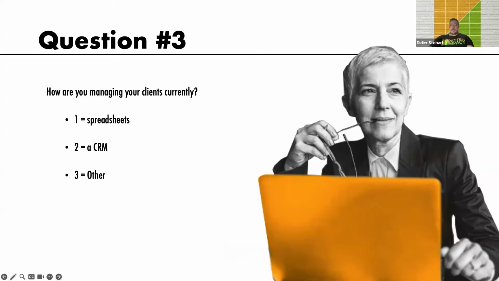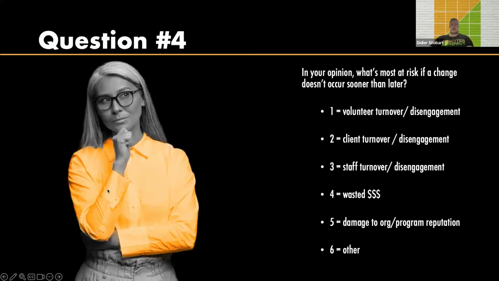Awesome. So thanks everyone for answering those questions. We've got one more question and then we can move on from that. So question 4, in your opinion, what's most at risk if a change doesn't occur sooner than later? Is it number 1, volunteer turnover and disengagement? Number 2, client turnover, disengagement. Number 3, staff turnover and disengagement. Number 4, wasted money or wasted budget.